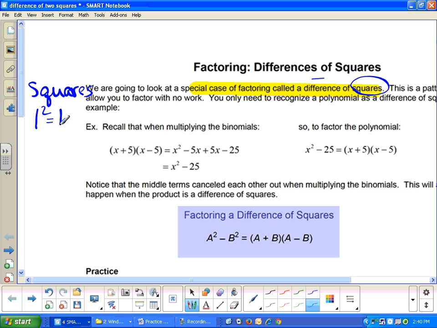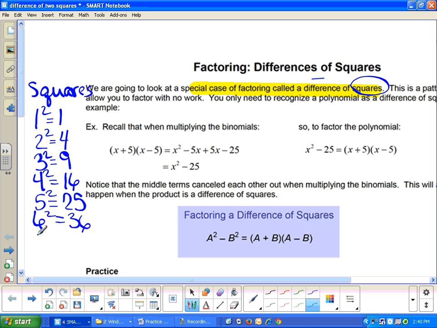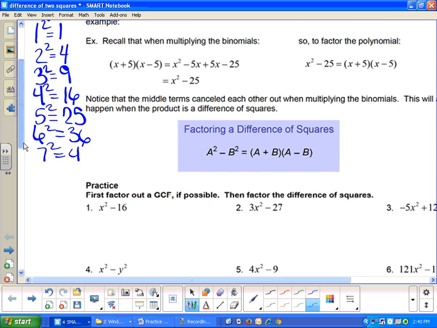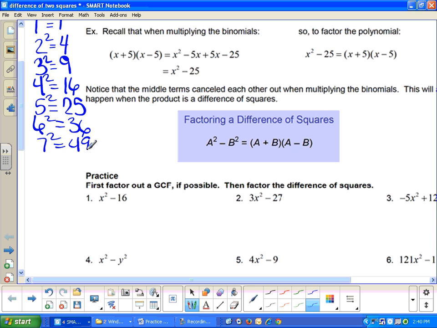1 squared is 1. 2 squared is 4. 3 squared is 9. 4 squared is 16. 25 is used a lot. 36. 49. And we can continue going as far as we need to. 8 squared is 64.